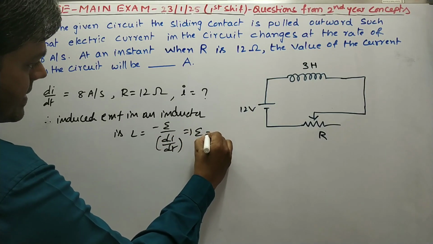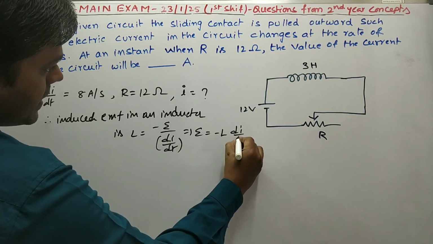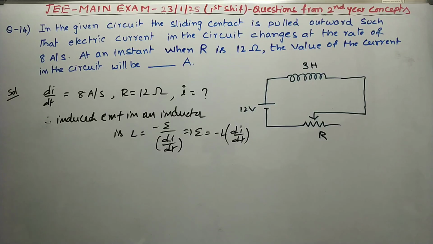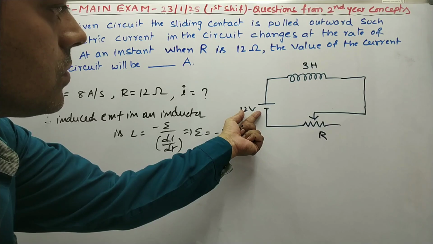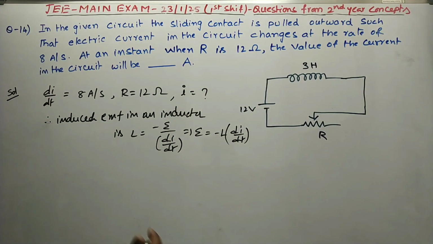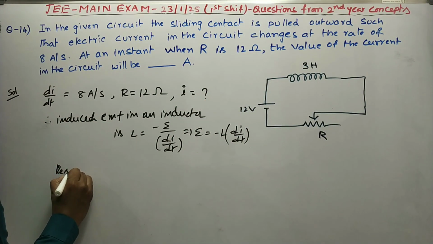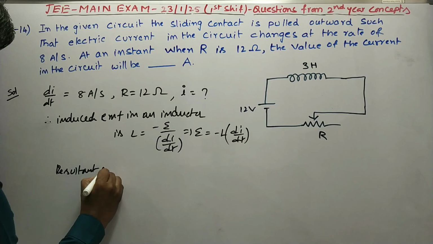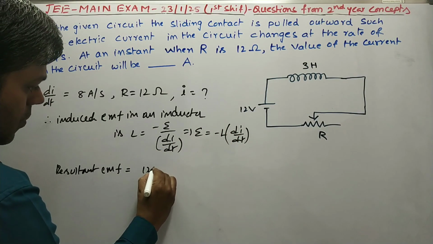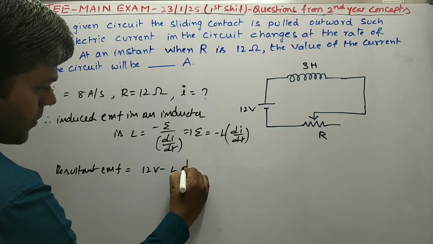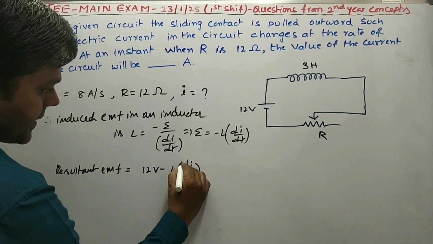That implies E is equal to minus L into di by dt. This EMF is drawn from this battery. So the resultant EMF is 12 volt minus L into di by dt.